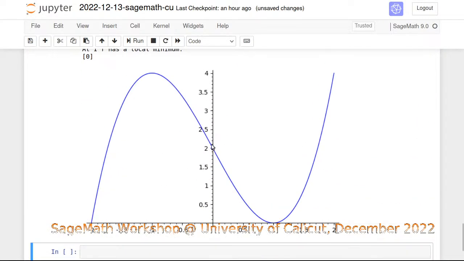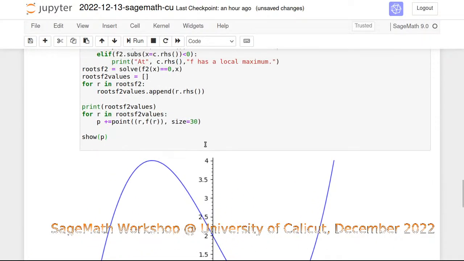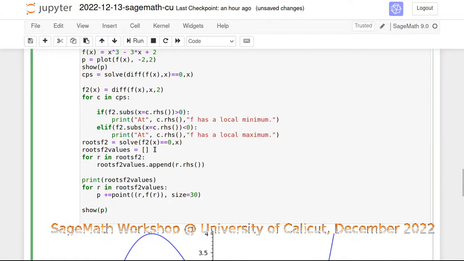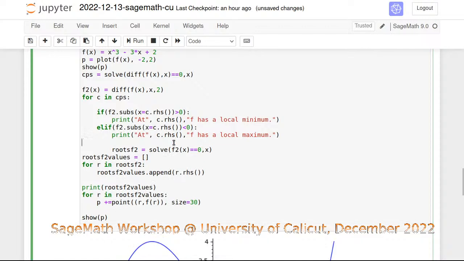It's here. This is the point of inflection that we are seeing. This is a possible point of inflection, not the point of inflection, where f2 of x is equal to 0. So let us add a note also: possible point of inflection.